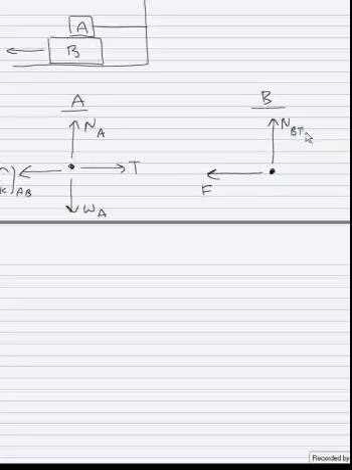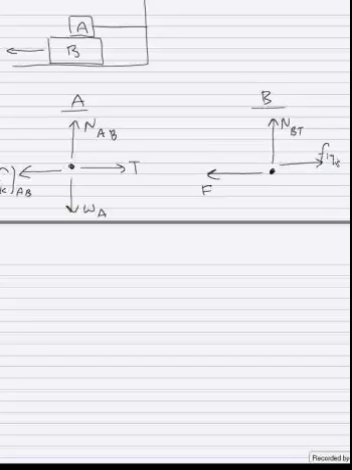I'll put from the table. We've got a couple of normal forces. So this is the normal force on A from B, normal force on B from the table. There's a friction force here. When we pull block B to the left, the friction between block B and the table is to the right.